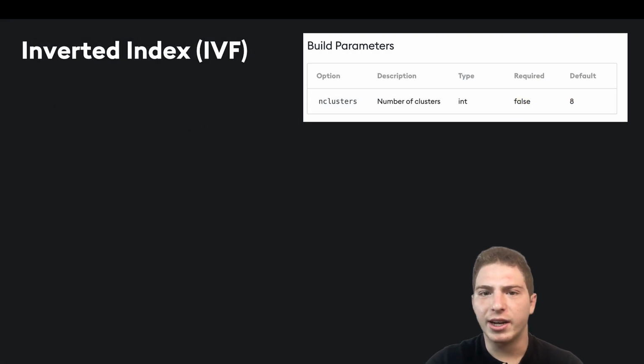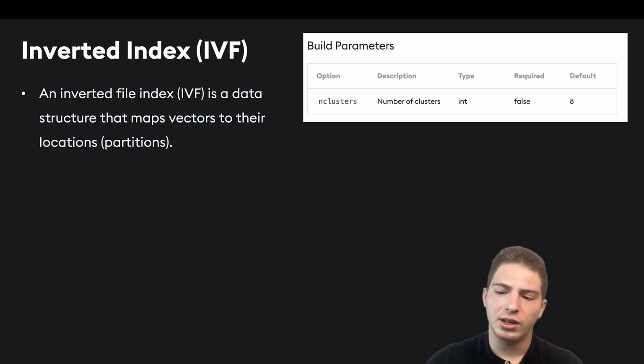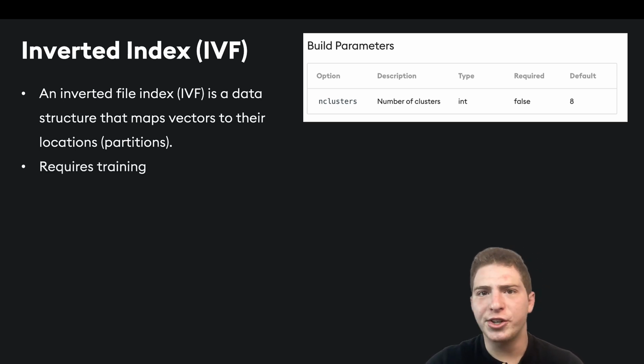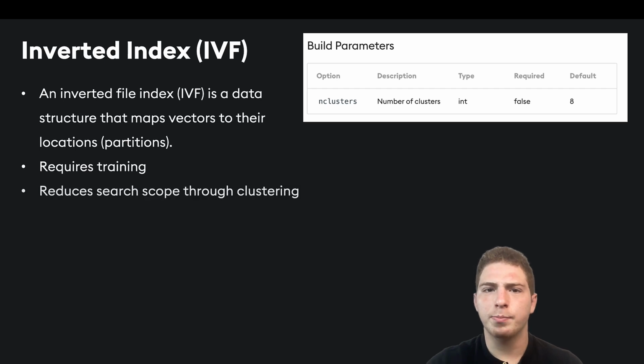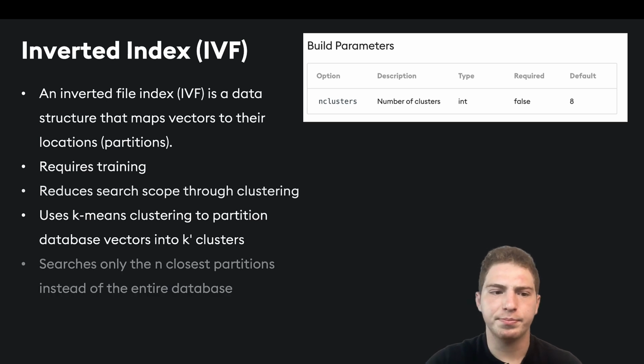An inverted file index is a data structure that maps vectors to their locations. And it does require training, but the advantage of IVF is that it greatly reduces scope through clustering. What that means is, whenever you insert data, it uses k-means clustering to partition your database vectors into k different clusters.